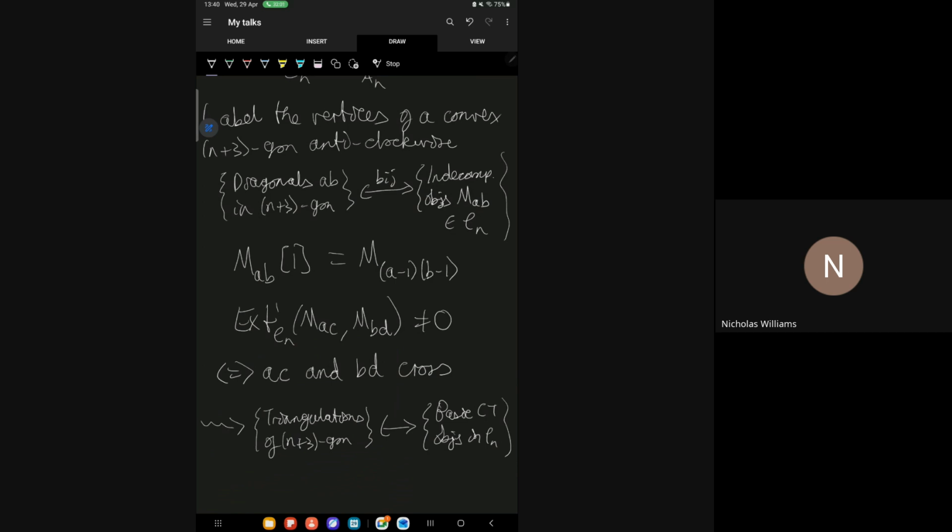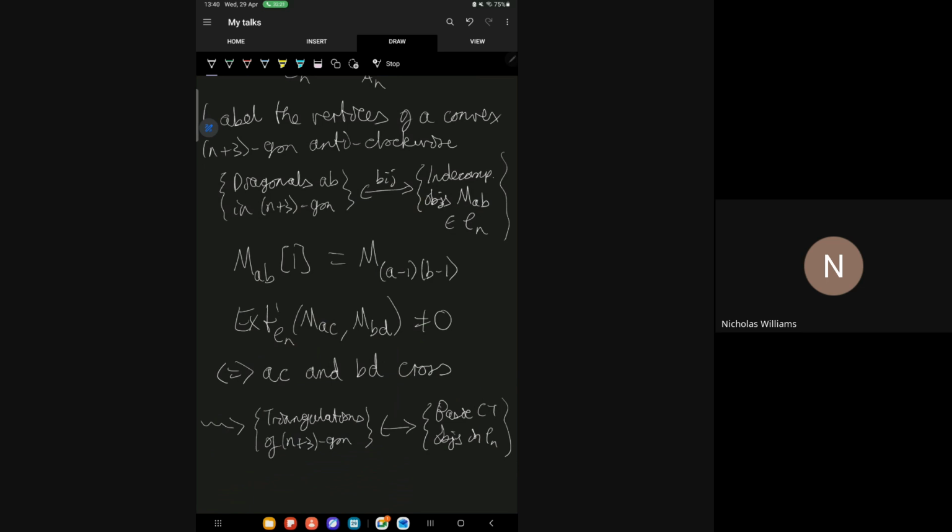And this can be seen as follows. So a cluster tilting object is one which has no Ext^1 with itself. So it corresponds to a set of arcs which do not cross. And a triangulation of an n+3 gon contains n diagonals.